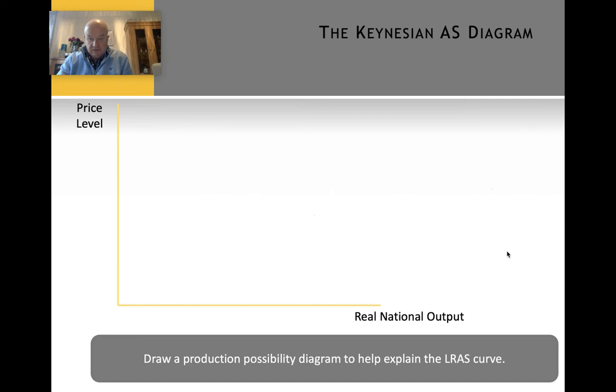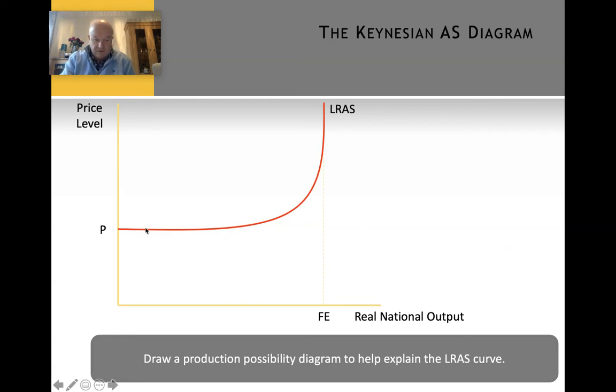Okay, so this is the Keynesian view. Effectively, what we're saying here is that the long run aggregate supply curve does have an area where it's relatively flat, and we'll explain why in a minute. So in this area here, we've not got a great deal of change, certainly in terms of the price, although we might have an effect on the level of output, as you can see.